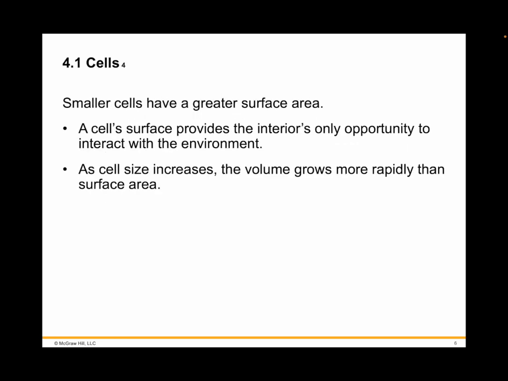So, the importance of surface area. Another reason cells are not large is the advantage of having a greater surface area than volume. A cell's surface area provides the interior's only opportunity to interact with the environment, as its surface provides the only way for substances to pass into and out of the cell.